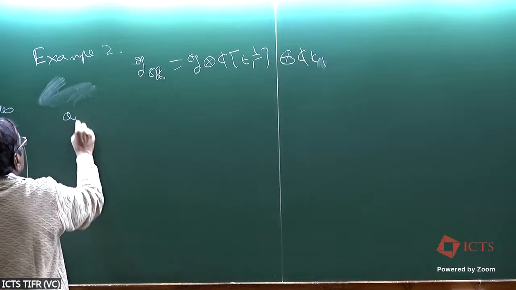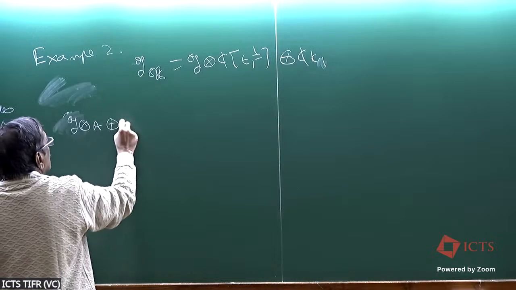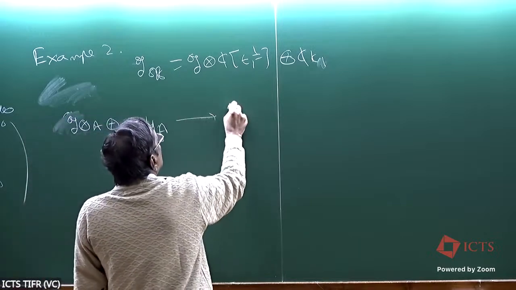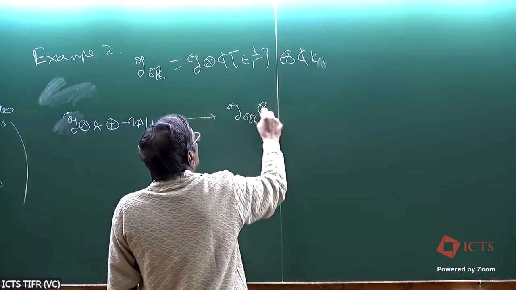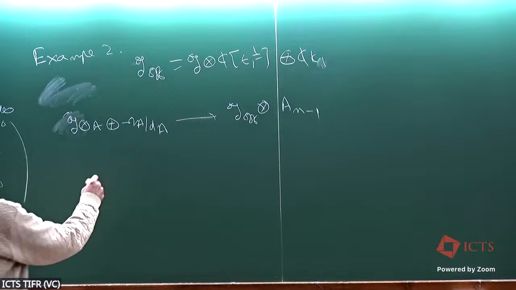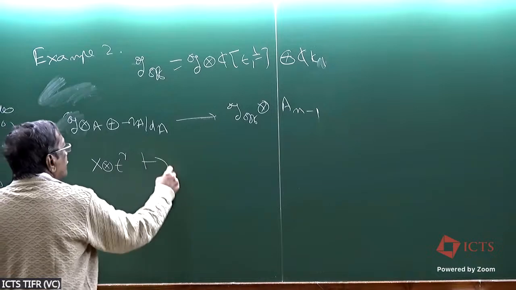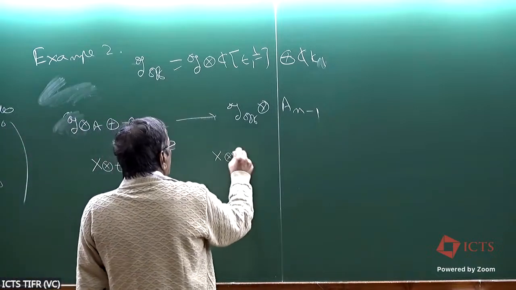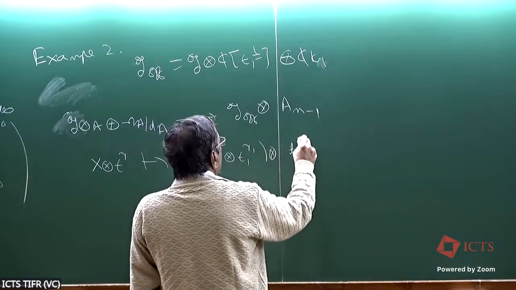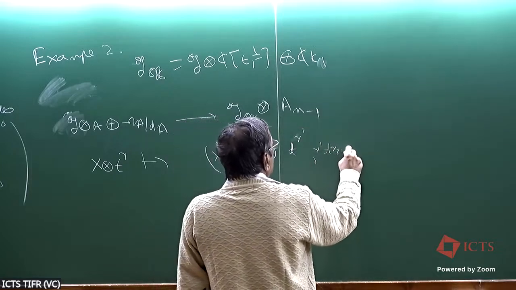Now, look at this, and map it to one variable less. So how do you do this? You take x tensor T power R, send it to x tensor T1 power R1, tensor with e power r prime, where r prime is from R2 onwards.